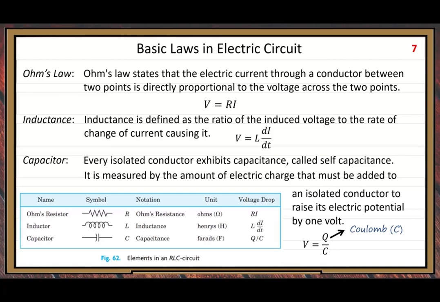Inductor. So this time we look at 2 points, before and after this component. If you look at this, inductance is defined as the ratio of the induced voltage between these 2 points to the rate of change of the current causing it.